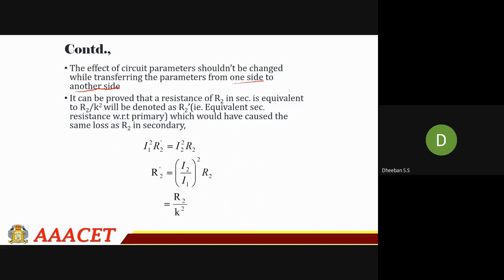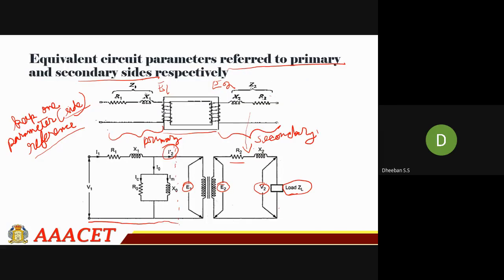For example, if in your secondary you have a current flow of 5 amps, you can take it as 5 amps I2. But if you are transferring this to your primary side, or comparing with the reference of the primary side, it also should be 5 amps. This 5 amps should not be changing.